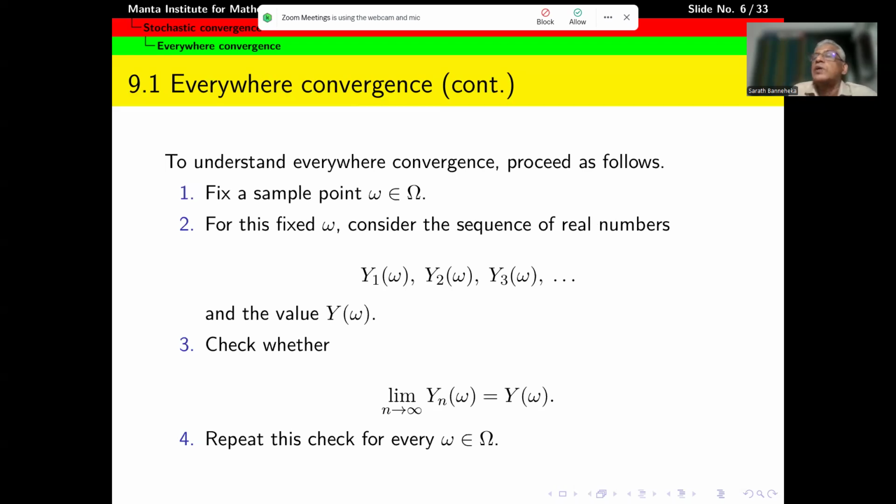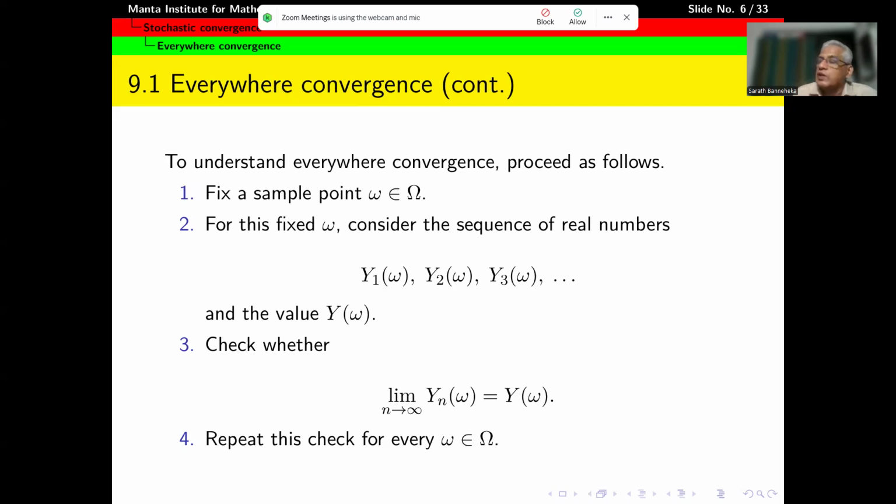So y1 evaluated at omega is a real number. Y2 is another function of the random variables. If you evaluate it at omega, you get a real number, right? So like that, consider the sequence of these real numbers for a fixed omega.